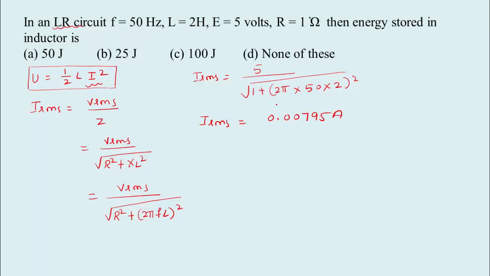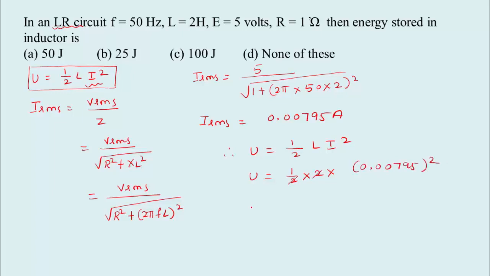But we want the energy stored in the inductor, so we can use U equal to half L I square. Substitute the values: U equal to 1 by 2, L value is 2 Henry, and I square, that is 0.00795 square.